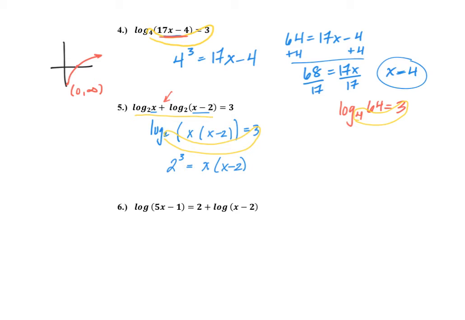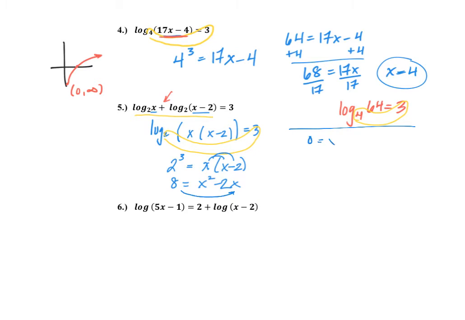Now I'm ready to solve. Well, I know 2 cubed is 8, and I know I can distribute this x through, so it's going to give me x squared minus 2x. I see this leaves me with an x squared, or a quadratic, so I'm going to factor to find my two solutions. I'm going to bring that 8 to the right, so that's going to give me a 0 on the left.